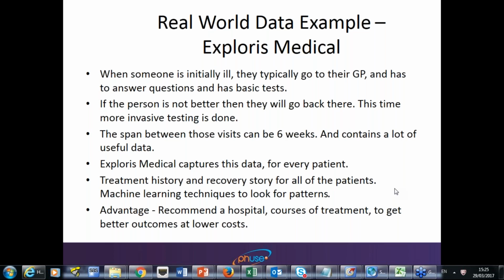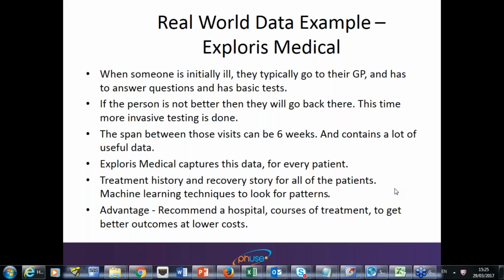Now, that data is very useful. Between those two visits, there is a vast amount of useful data, and Exploris Medical caught onto this. So they capture that data for every patient. That way, treatment information, treatment history and the recovery story for all patients is captured. There are machine learning techniques to look for patterns, for example, to see which GP is better at treating a particular demographic of patient.